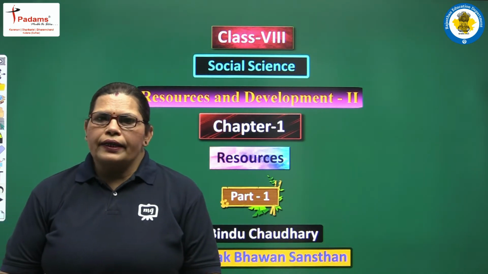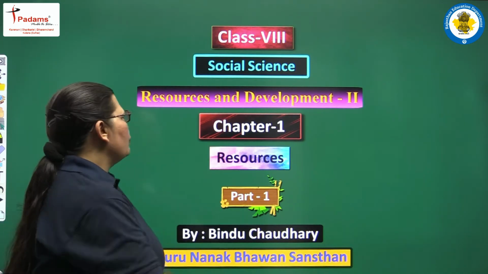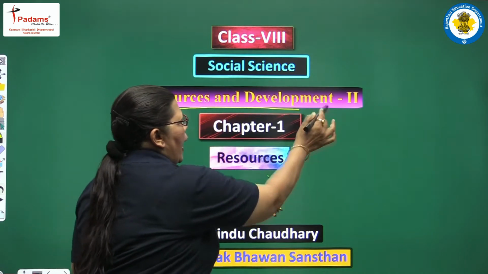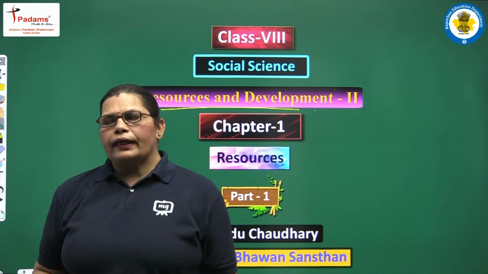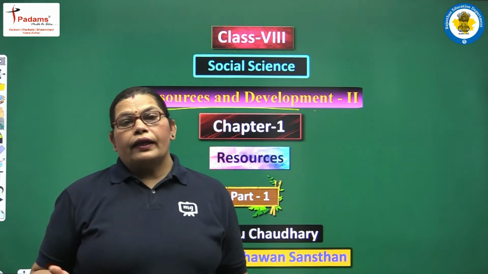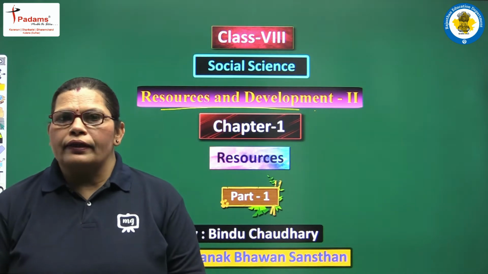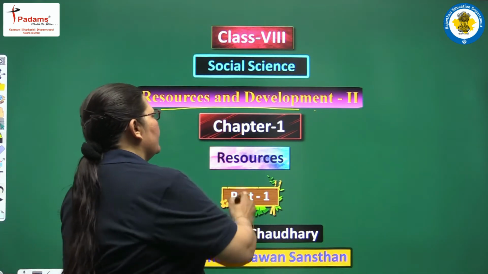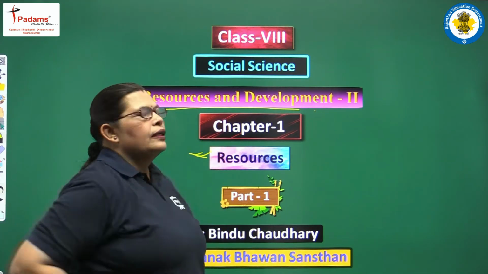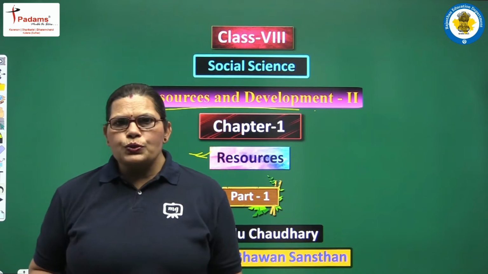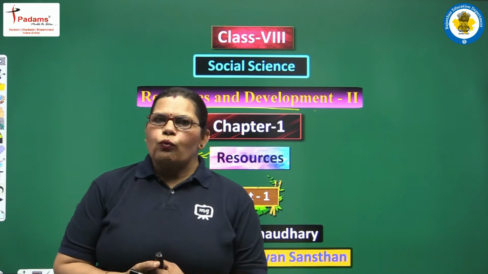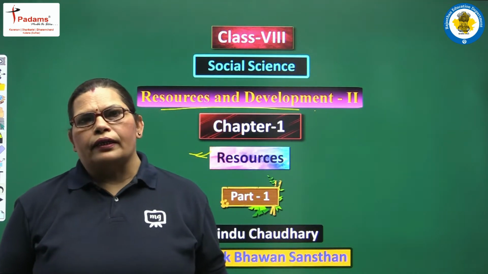Today we are starting our new book. The name of the book is Resources and Development Part 2nd. It means we are reading a new chapter here, students, and the name of the chapter is Resources. Resources? Yes. What about water? What about electricity?